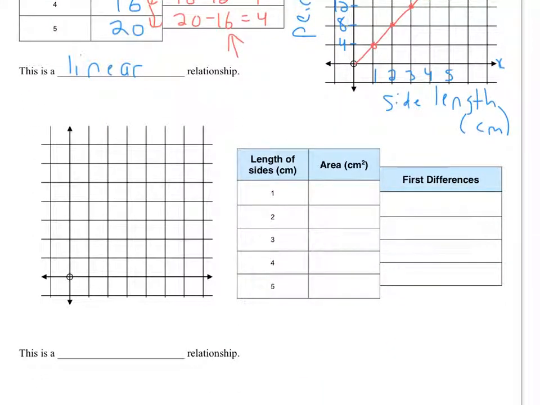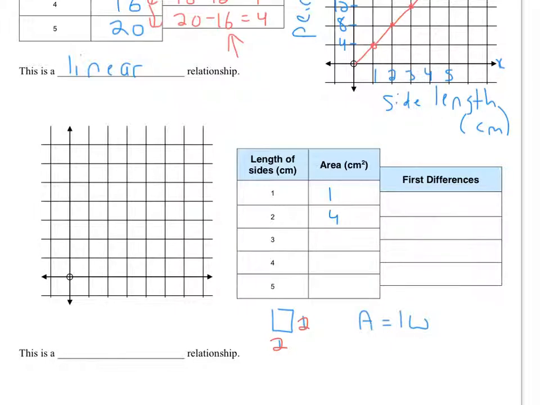In this one, we want to calculate the area of each of those squares. So to remind you, the first square had a side length of 1. Area is length times width. The length is 1, the width is 1, so the area is 1 centimeter squared. When the side length is 2, the length and the width are each 2, so the area is 2 times 2, which is 4.